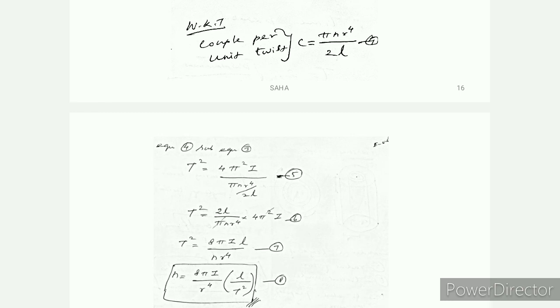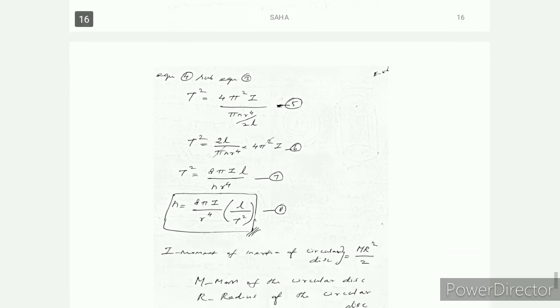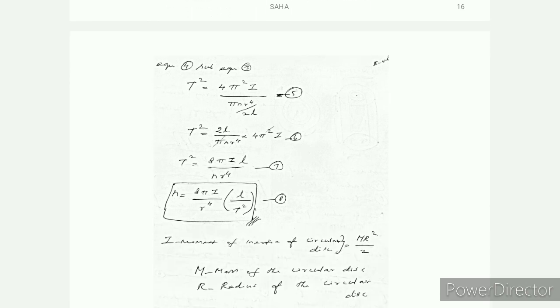Simplifying, we get T squared is equal to 8 pi I L divided by n r power 4.